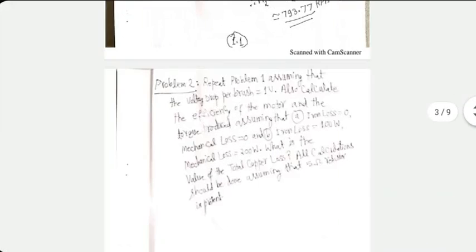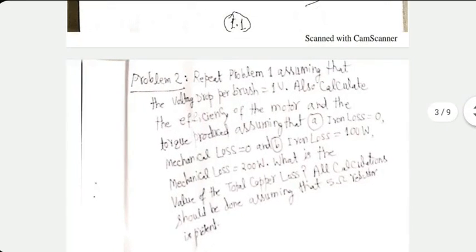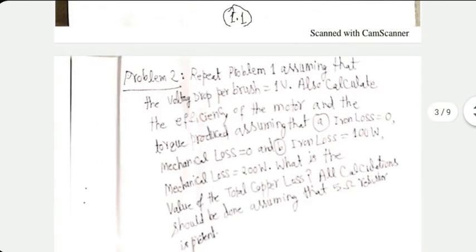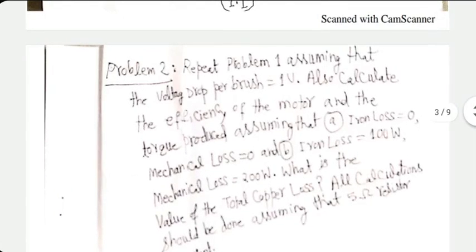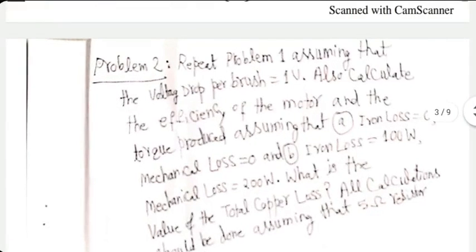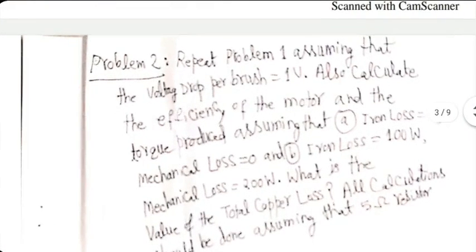Problem 2, repeat problem 1, assuming that the voltage drop per brush is 1 volt. Also calculate the efficiency of the motor and the torque produced, assuming that iron loss and mechanical loss are 0. And in part B, iron loss is 100 watt, mechanical loss is 200 watt.